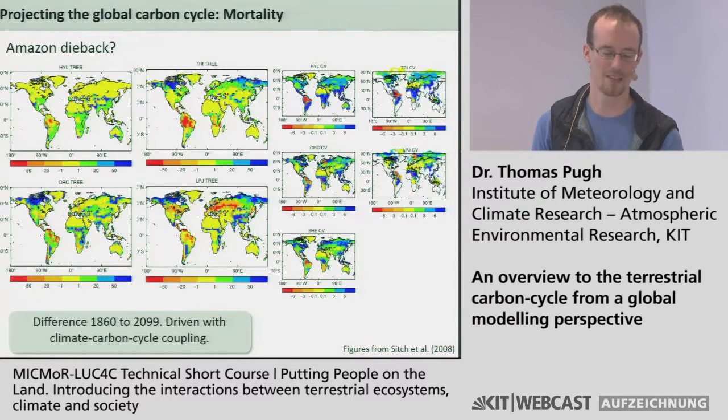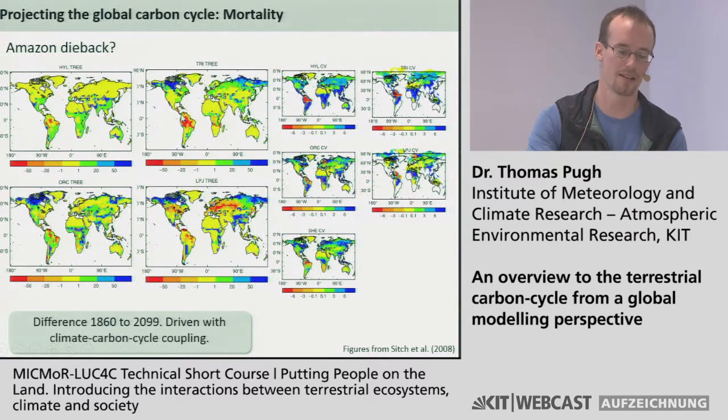But having said that, if you look at the results from this DGVM comparison, you do see that the TRIFFID model here is the dynamic vegetation model with the Hadley Centre climate model, and you see this massive loss of tree cover. The other models don't show this same massive dieback, but they do show some tree cover loss.